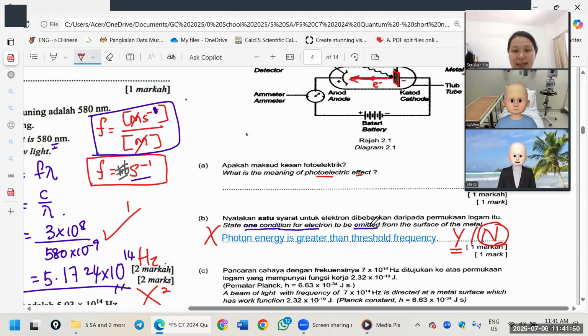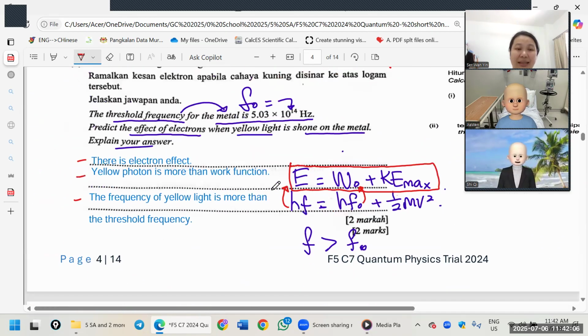Why? Look at the front. In front is energy. Look at behind. Behind is frequency. Cannot compare energy with frequency. Please compare like with like. Photon energy is more than work function: that is energy. Frequency of yellow light is more than threshold frequency: compare frequency with frequency.